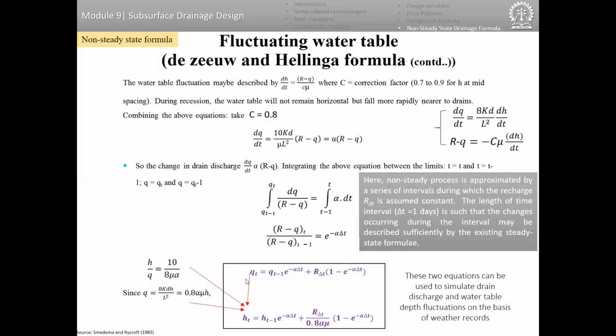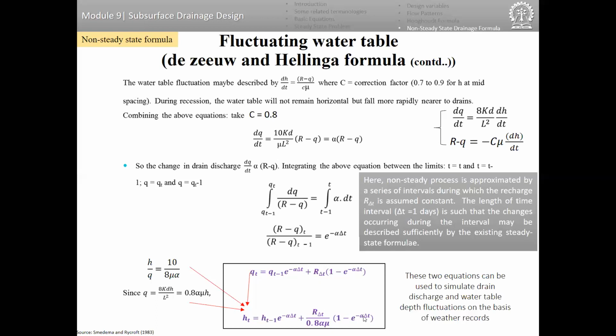So substituting these values in this equation, we can arrive at the expression for Ht, that is the water table head at a given time t, which is equal to Ht minus 1, that is the water table head of the previous day, into e to the power minus alpha delta t, plus r delta t upon 0.8 into alpha mu, multiplied by 1 minus e to the power minus alpha delta t. Alpha is the reaction factor, mu is the drainable pore space, and r delta t is the mean recharge between time t minus 1 to t.